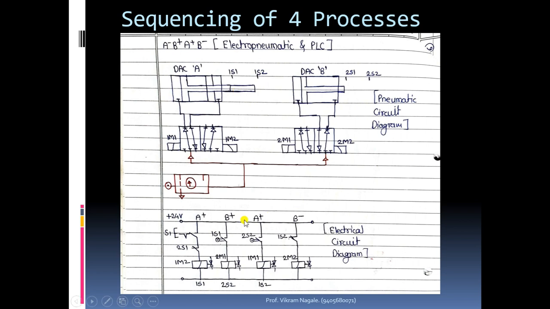Okay, so here you can see the last line. 1s1 will get unpressed and 1s2 will get pressed at the end of third process.